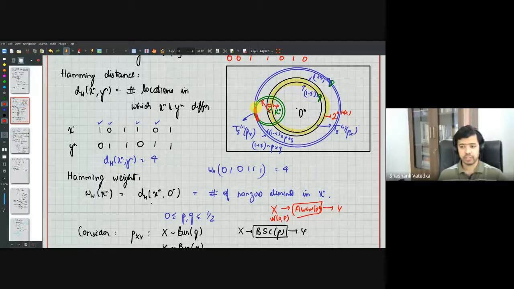A very surprising property of n-dimensional space is a very interesting consequence and is not intuitive at all. If you look at a very high dimensional space and you look at a ball of radius, say, square root np.